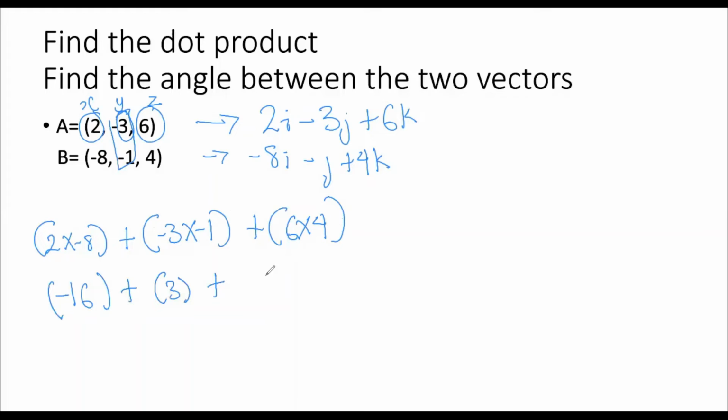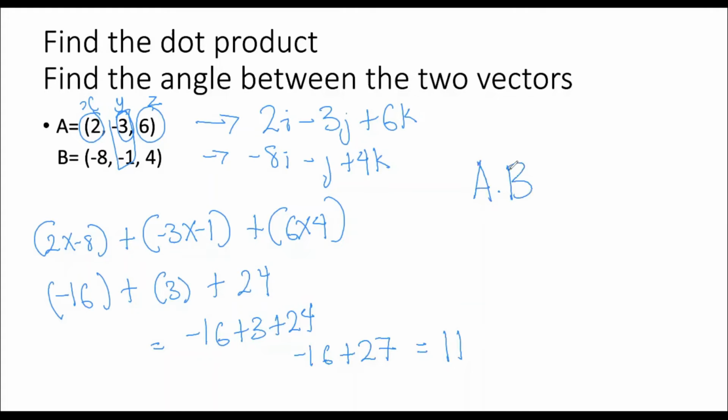Plus 6 times 4 gives us 24. So we have minus 16 plus 3 plus 24. 24 plus 3 is 27. So minus 16 plus 27, which is the same as 27 minus 16, and our answer will be 11. So the dot product of these two vectors, a dot b, gives us 11.